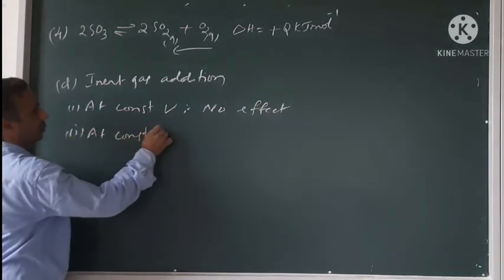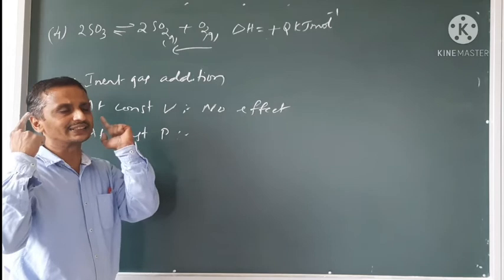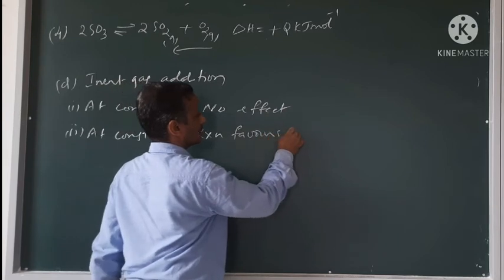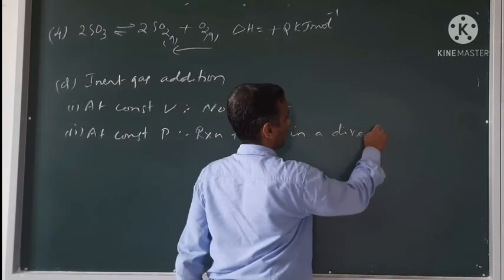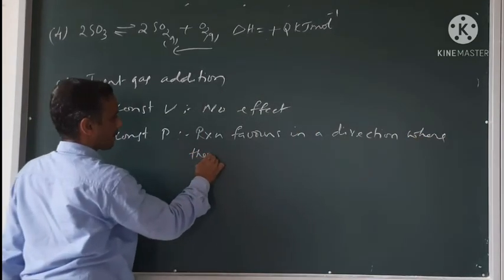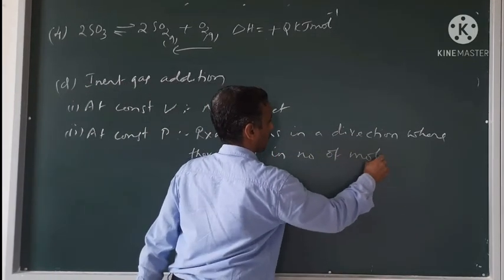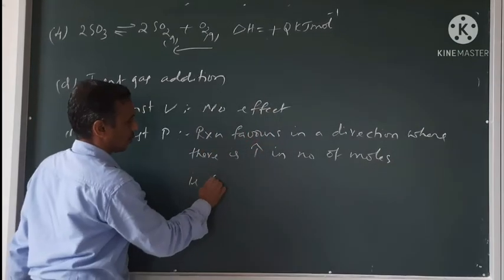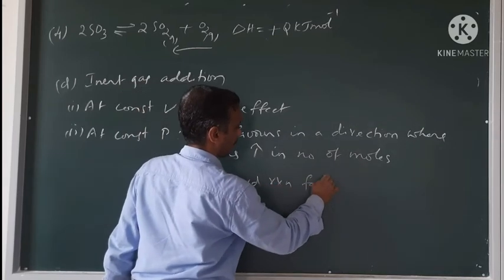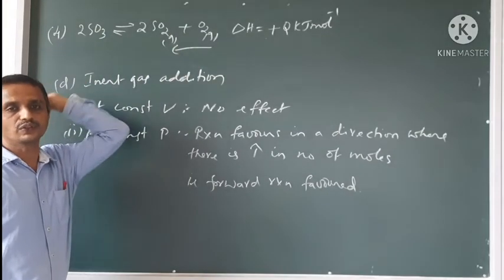At constant pressure, the reaction favors the direction where there is an increase in the number of moles. That is, the forward reaction is favored. Why? Because in the forward reaction, you see 2 going to 3. Forward is favored.